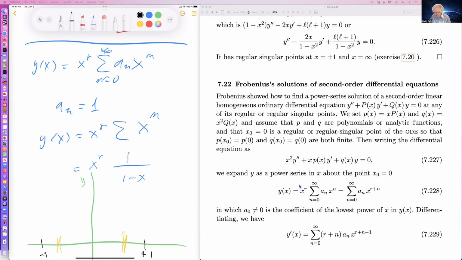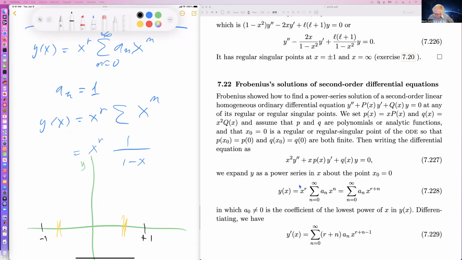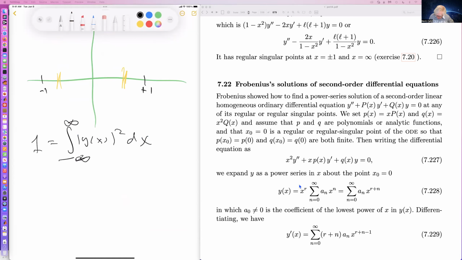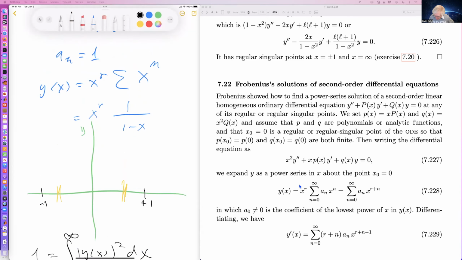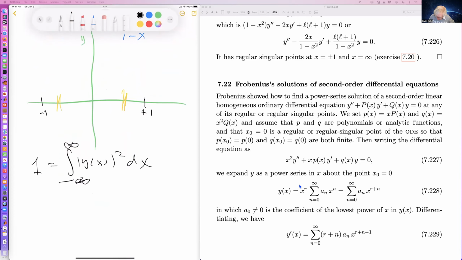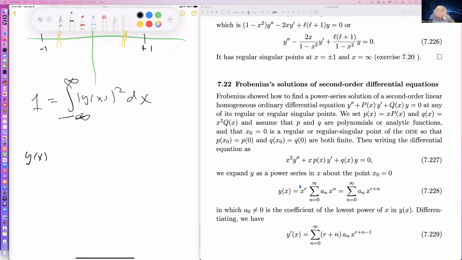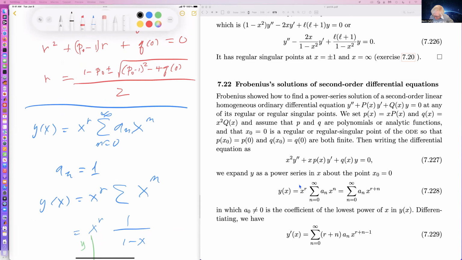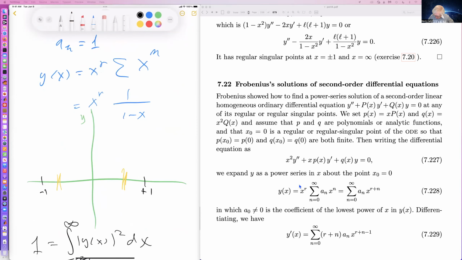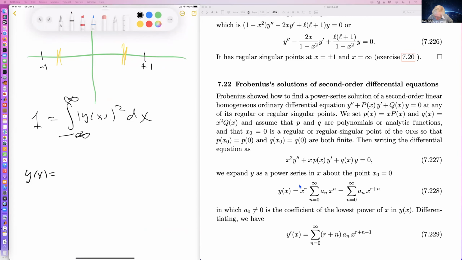I just said to you immediately that all the a_n's were just 1, but what happens in general is that y is equal to x to the r, a sum, a_n x to the n, n equals 0 to infinity.